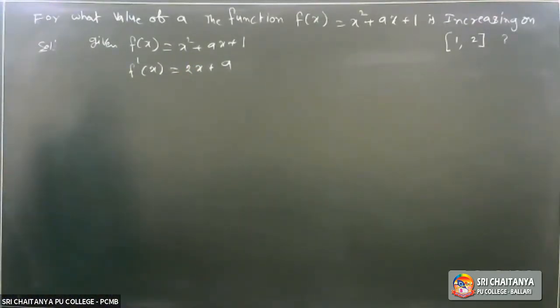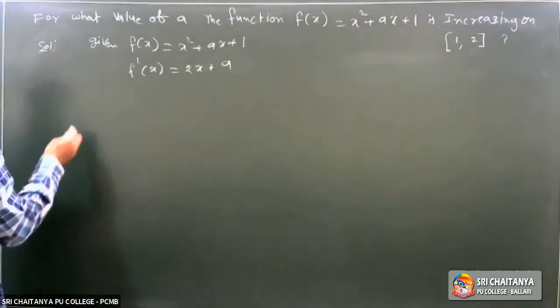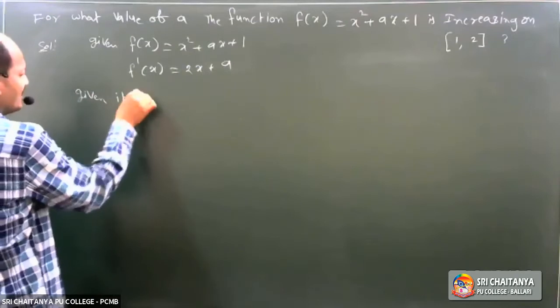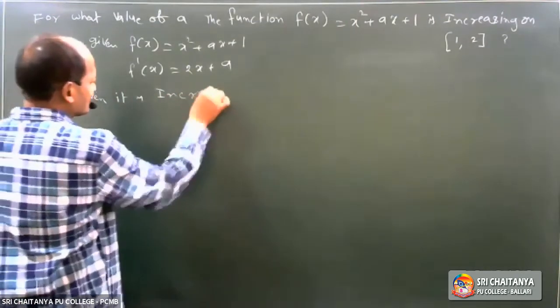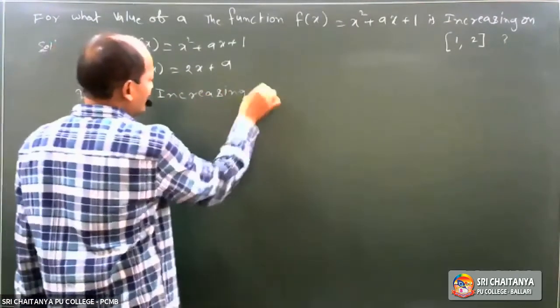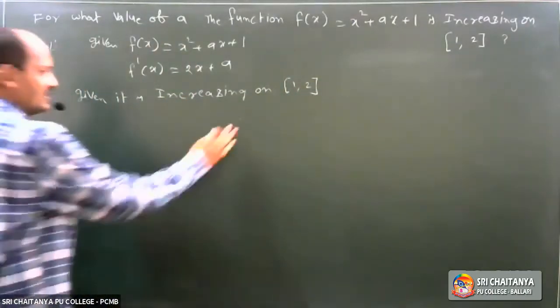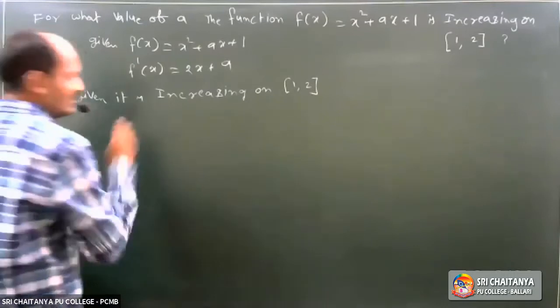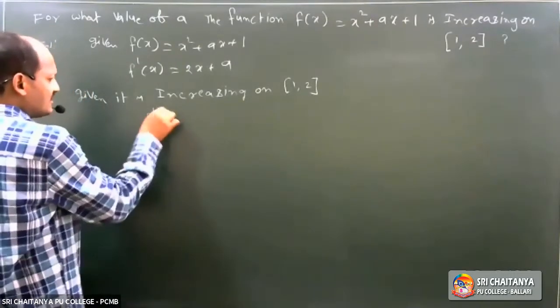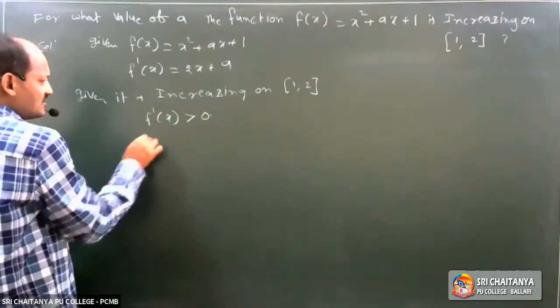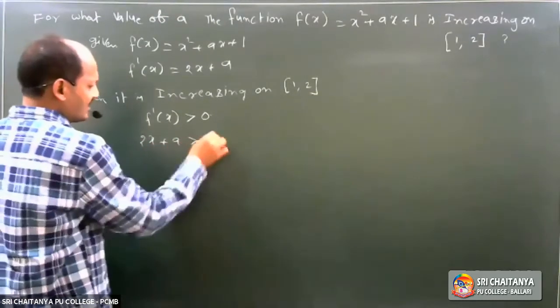Already given it is increasing on 1 to 2. That means f dash of x is greater than 0, that means 2x plus a is greater than 0.